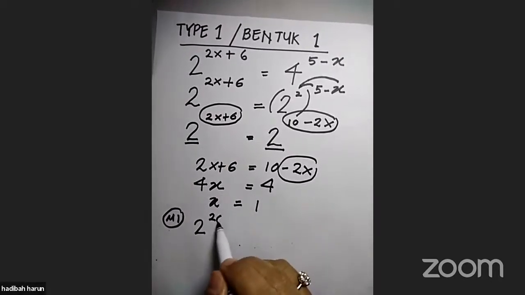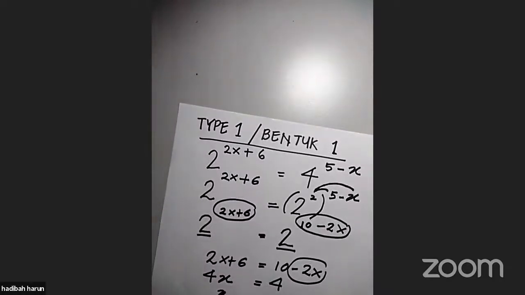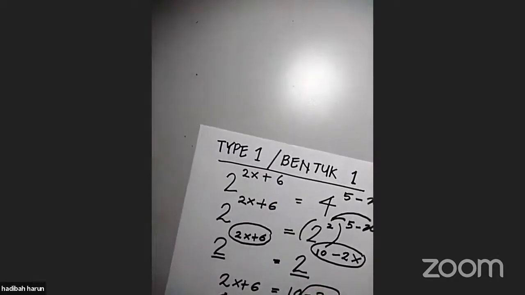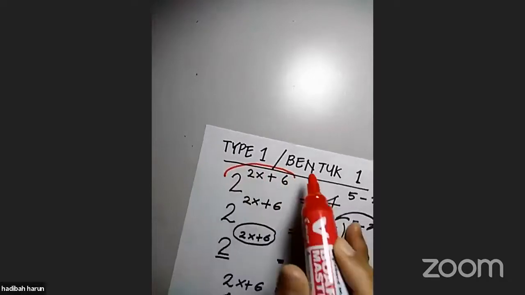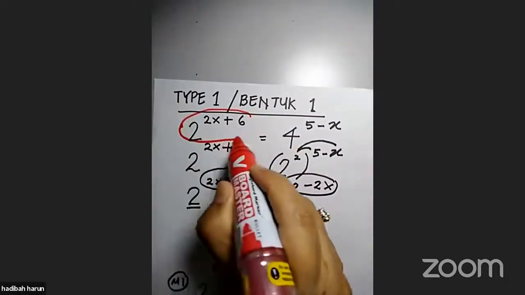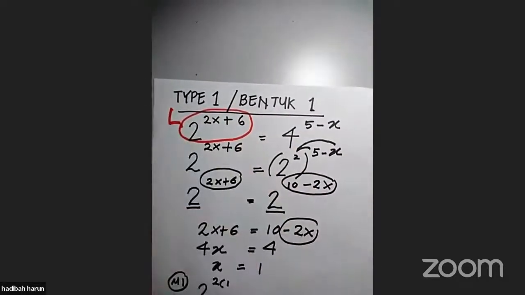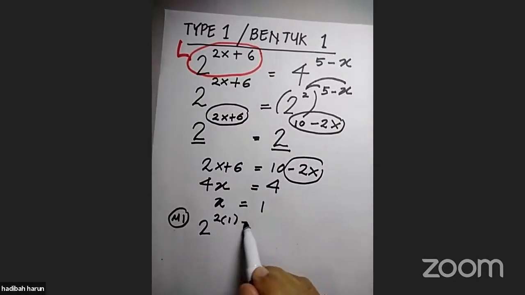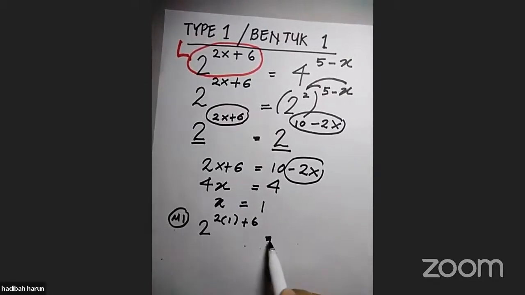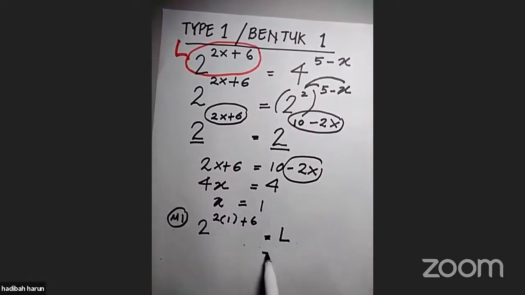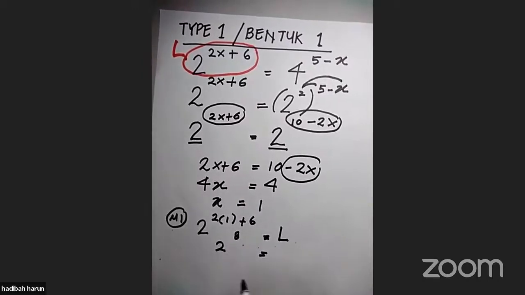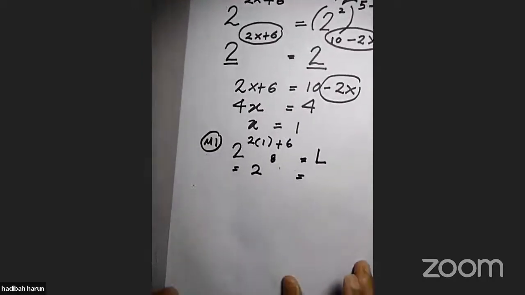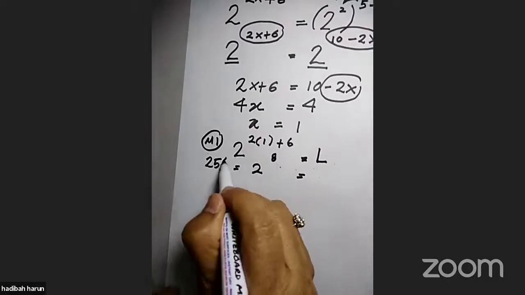On my left, my x is 1, so 1 plus 6, equals 2 to the power of 8, which, you press your calculator, is 256, isn't it?